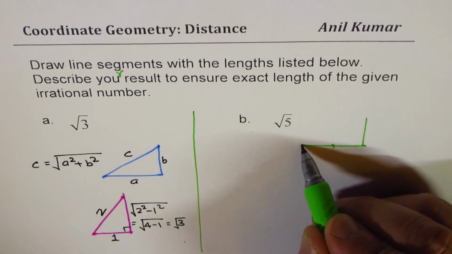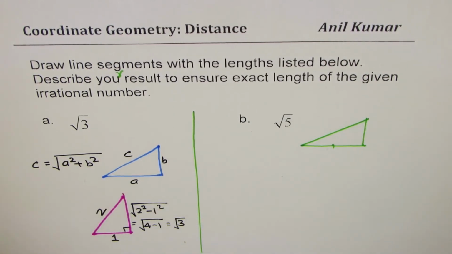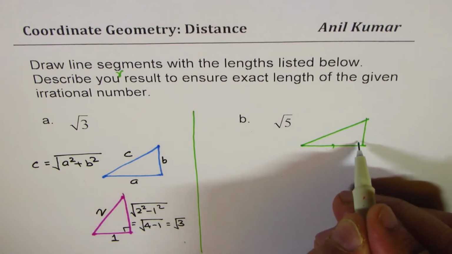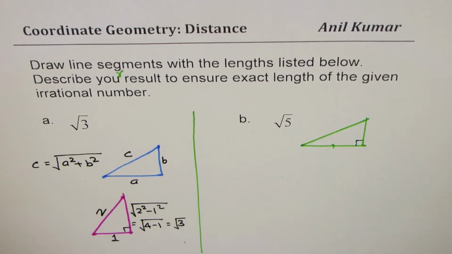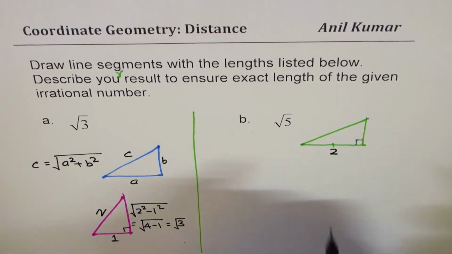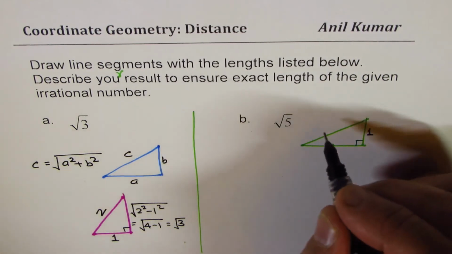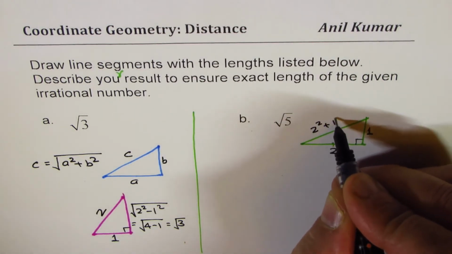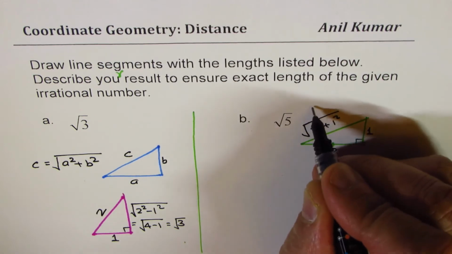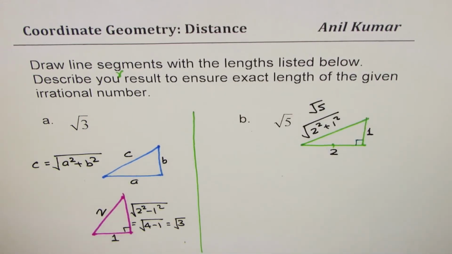If I join and make a right triangle, what do I get? Well, this is 2, this is 2, this is 1. And we have here square root of 2 square plus 1 square, which is square root 5. Perfect, right? So that is how you get square root 5. So you could get them directly also.